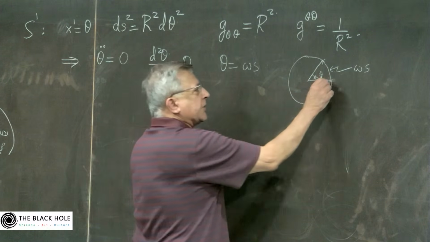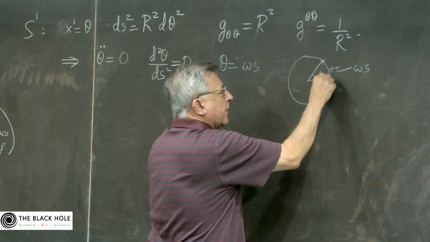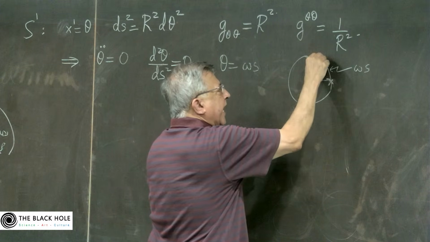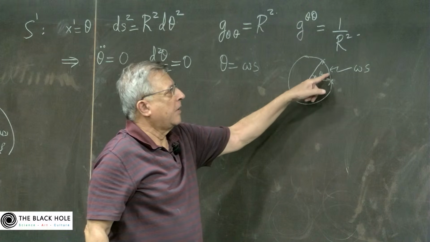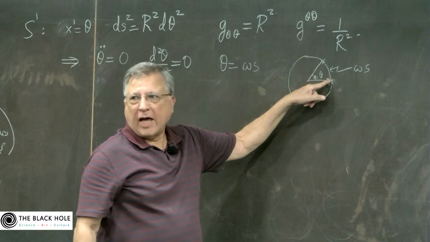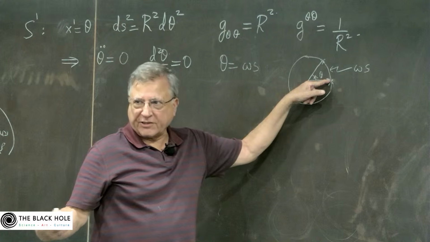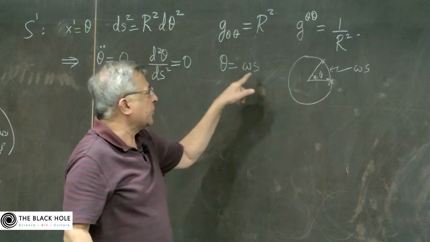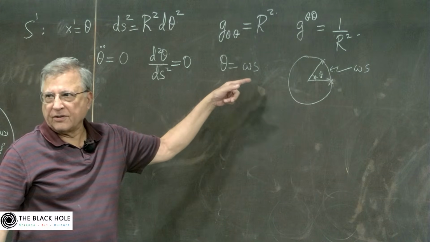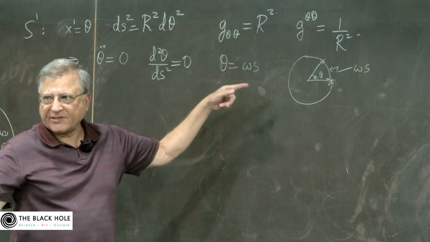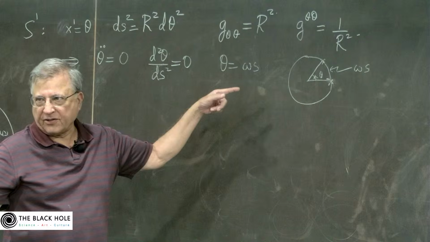Let me take this as the starting point and this as the ending point. As I move along, I'm traveling a bigger and bigger distance, and correspondingly theta is increasing in proportion. So S is the affine parameter.